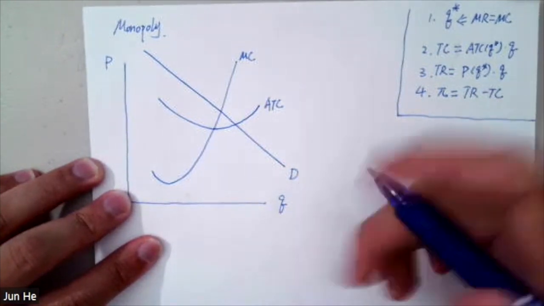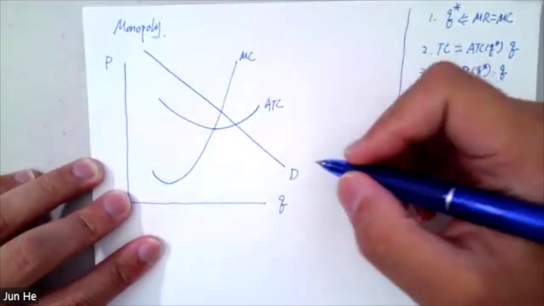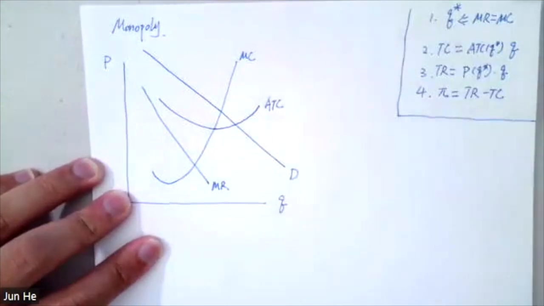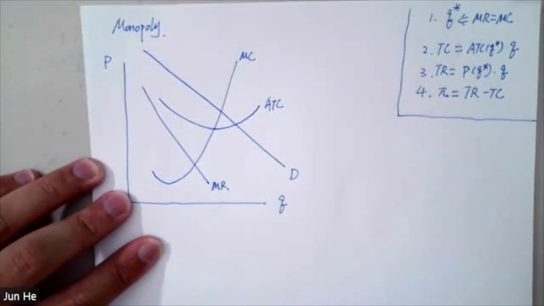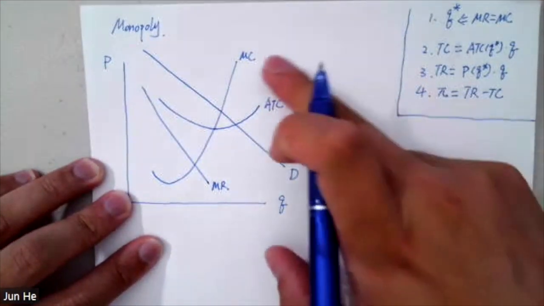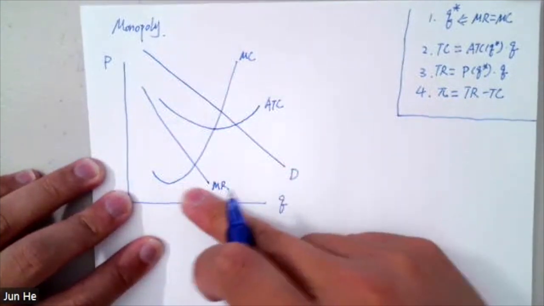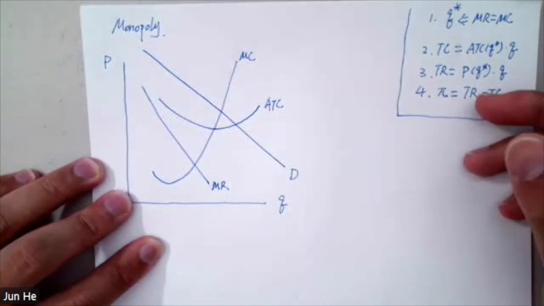With a downward sloping demand, we have a marginal revenue that is lower than the demand curve. Okay, so we have the costs, which are the producer side setup. Then we have the demand and marginal revenue, which are the demand side setup.